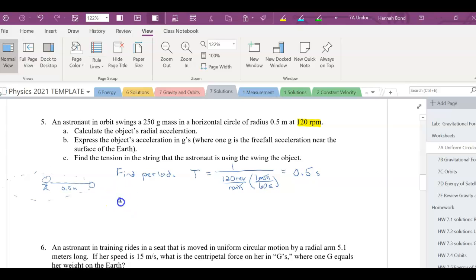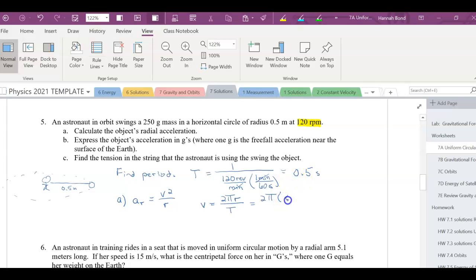Okay, so the radial acceleration is the tangential speed squared divided by the radius. They haven't given me the tangential speed, but I think I can find that, right? Because I know the period now. So that tangential speed would be the circumference divided by the period.